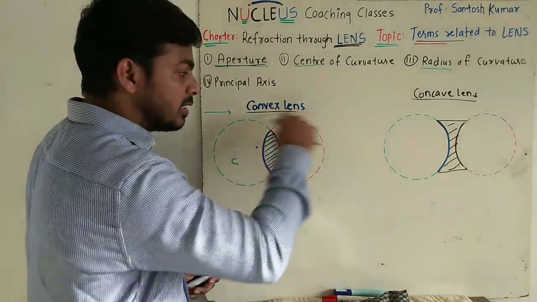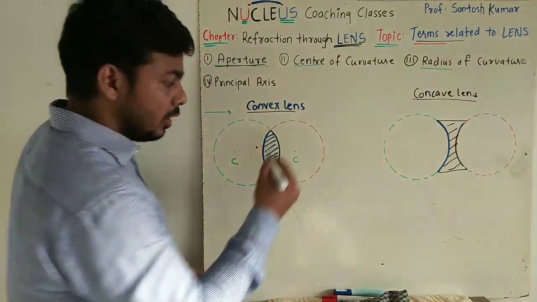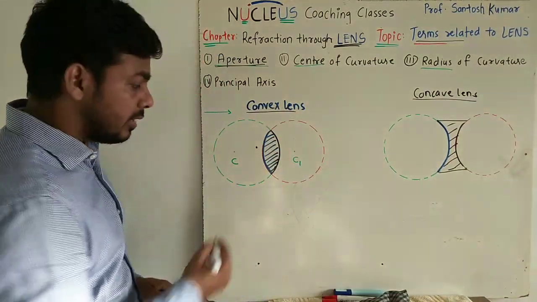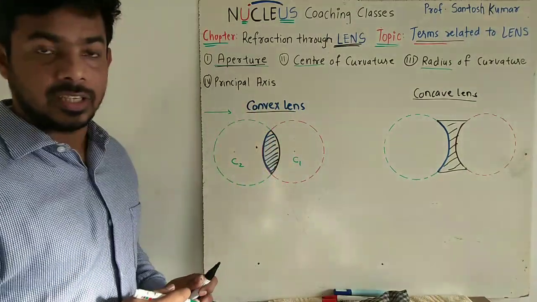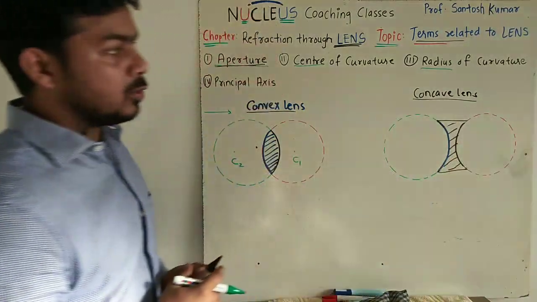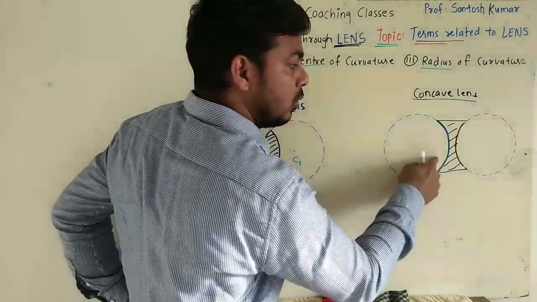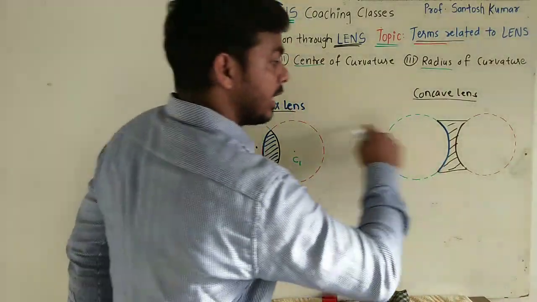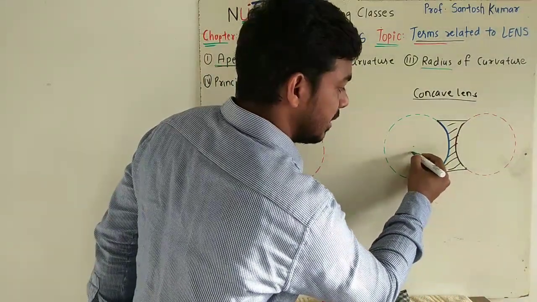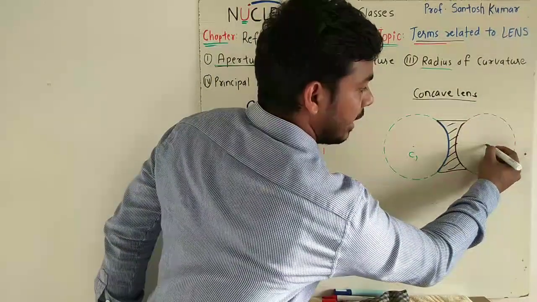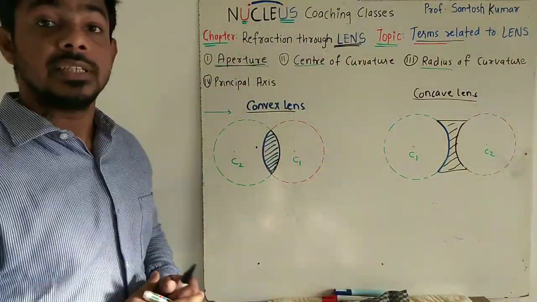The blue surface is a part of this red sphere, so this will be considered as C1 and this will be considered as C2, because black is the second surface. In the case of a concave lens, the blue is the first surface, so the ray of light traveling will hit the blue surface first. So definitely this will be center of curvature C1 and this will be center of curvature C2.